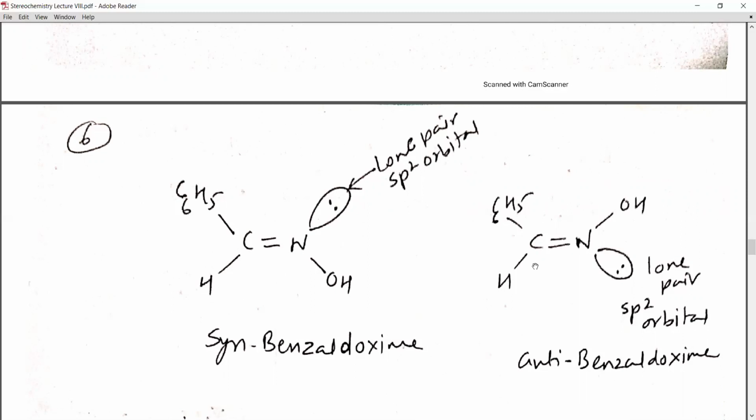In this one, the C1 carbon's lower priority group, hydrogen, and nitrogen's hydroxy group are on opposite sides, so it will be referred to as anti.